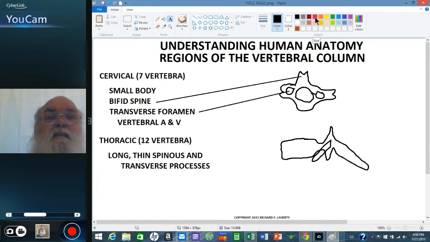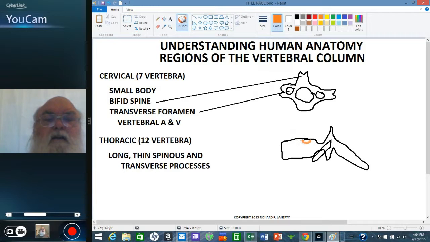And these articular surfaces appear on the bodies and on the transverse processes.